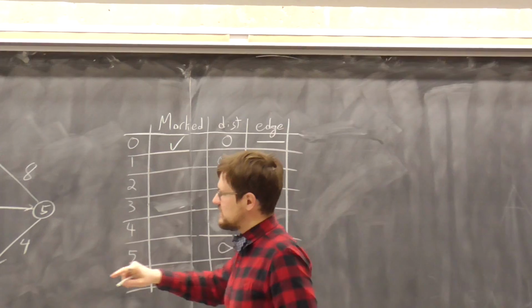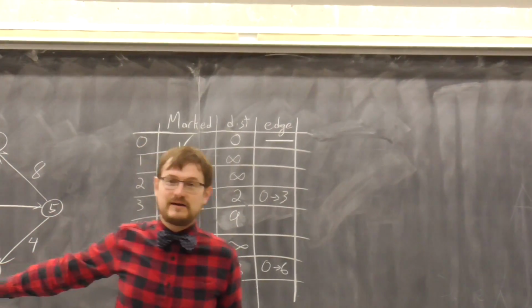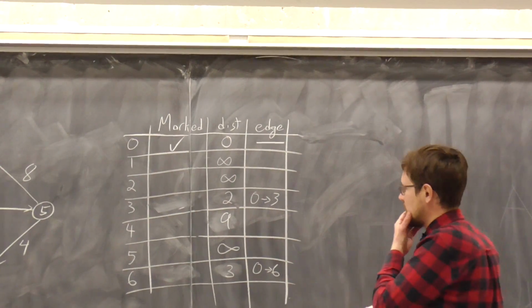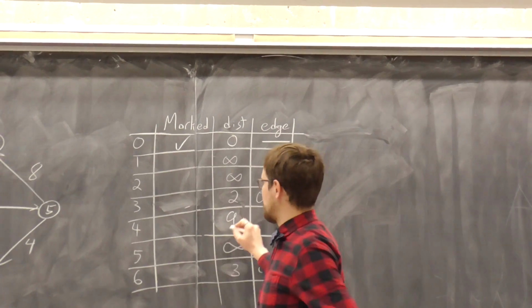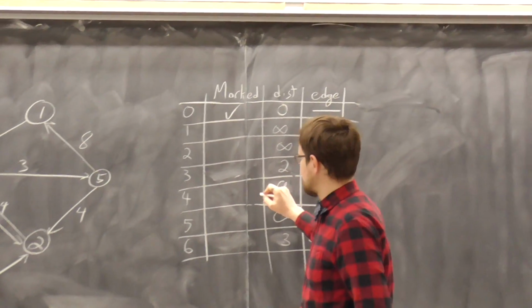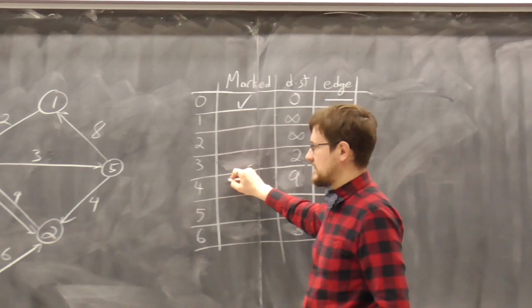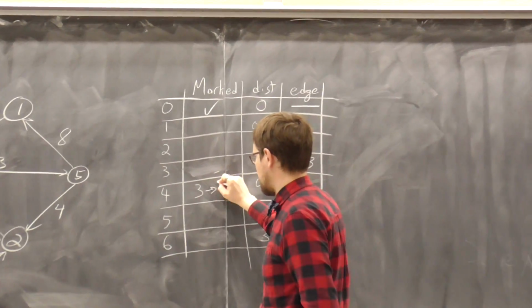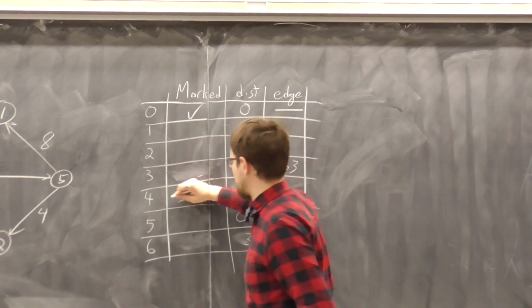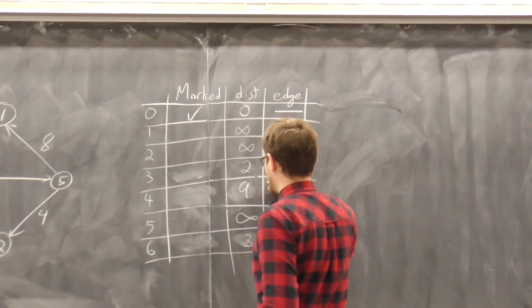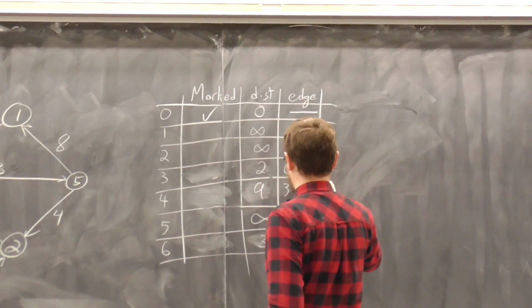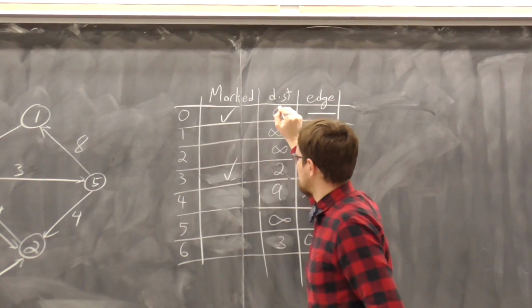That's distance from the source, right? So 4 has distance 9, and the last edge leading to it is 3, 4. All right, and that's 3 checked off.